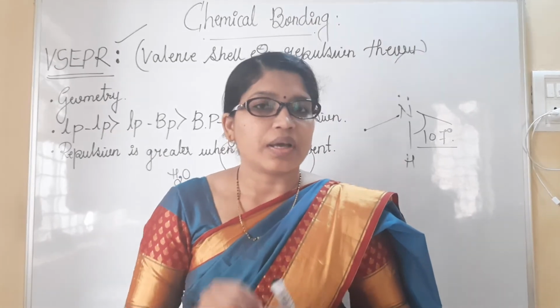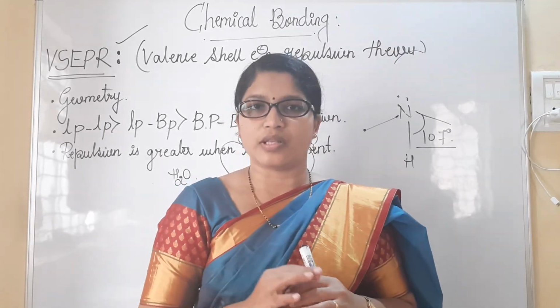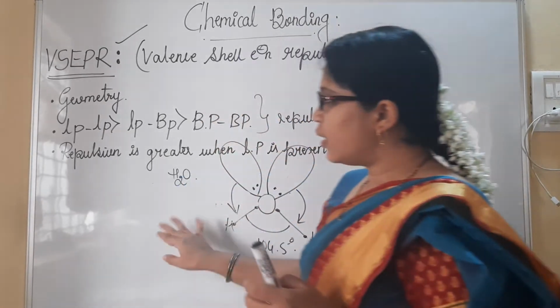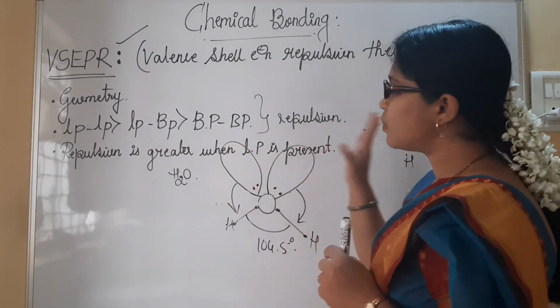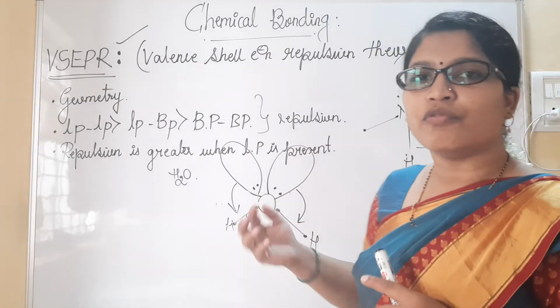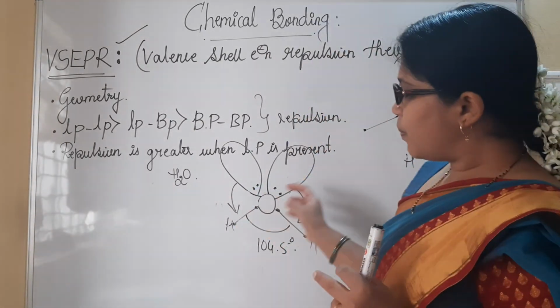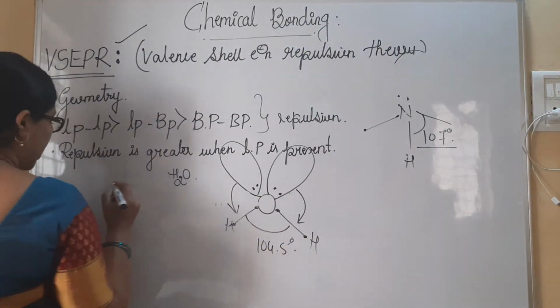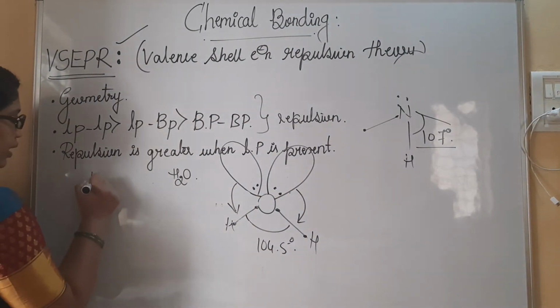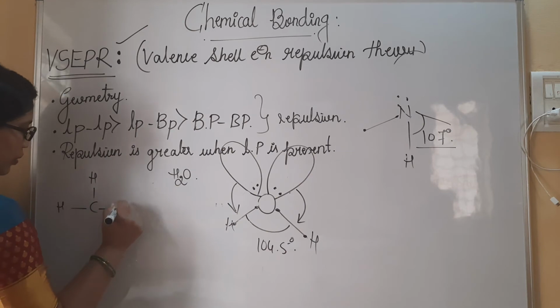That was given by VSEPR theory. Do remember this point, most important. Then comes the point: repulsion is greater when a lone pair is present. The same I explained with two examples. Repulsion will be maximum. Say, for example, I have a methane molecule.